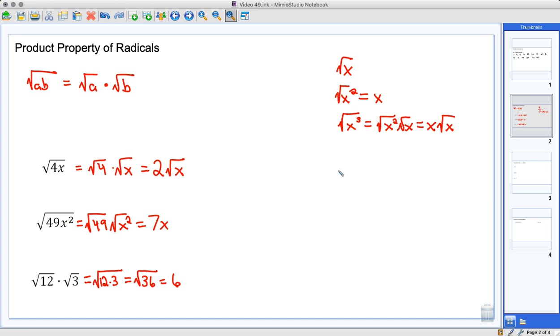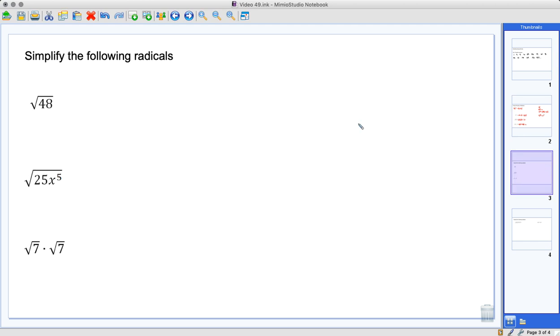So if I have something like the square root of x to the 20th, I don't really want to write that out 20 times. Remember that rule I told you, divide your exponent by 2: it's x to the 10th. So we always want to use even exponents if we can. That'll help us on this slide here.